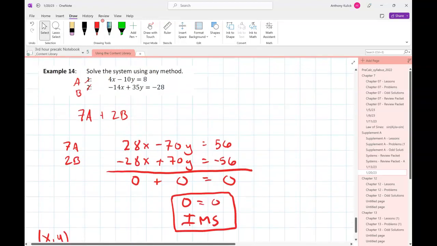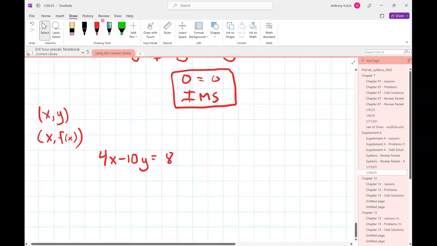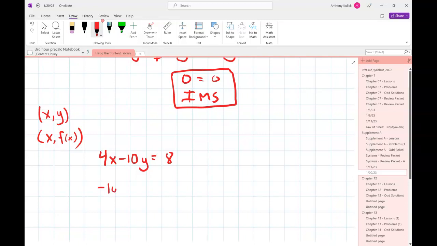So if I take one of these two equations, say equation A, and I wanted to get the y by itself, and then I'll divide both sides by negative 10.